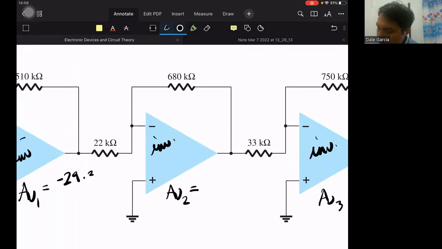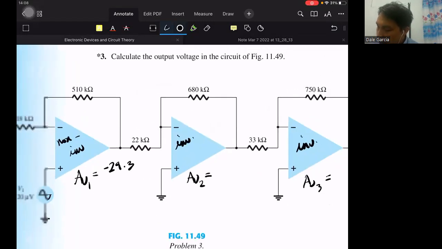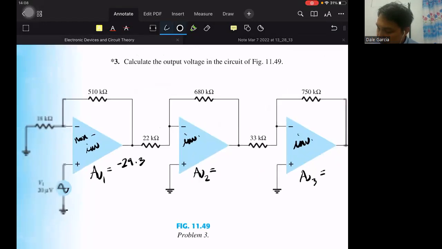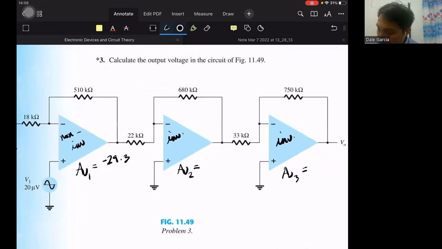Sir, the non-inverting gain is 1 plus RF over R1, so it is positive. Is that right? 29.3? Yes, sir. Positive.